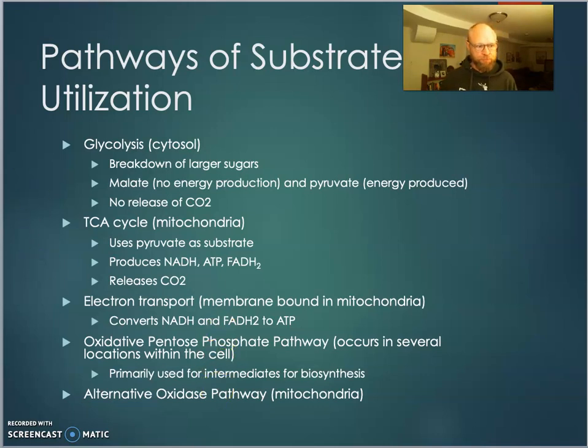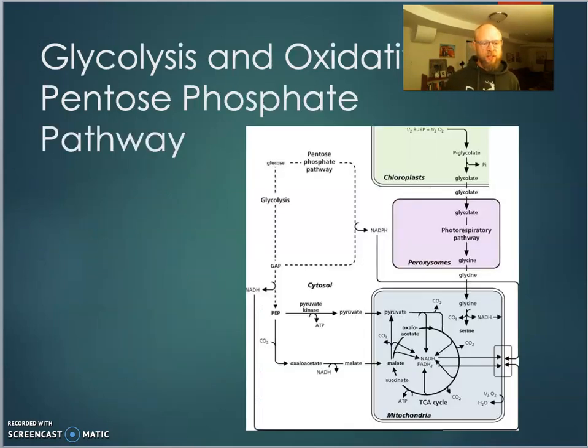Okay, so let's just look at this diagram from the book and cover this real quickly. This is figure 2, I think, in that chapter. We can see on this figure some of the important things going on as far as where the energy is produced and where the CO2 is released. The white area represents the cytosol of the cell. In the cytosol, we have glycolysis occurring, which again is breaking bigger sugars into smaller sugars.